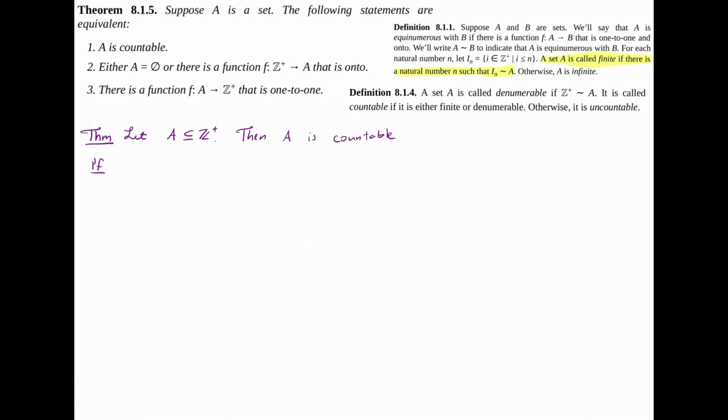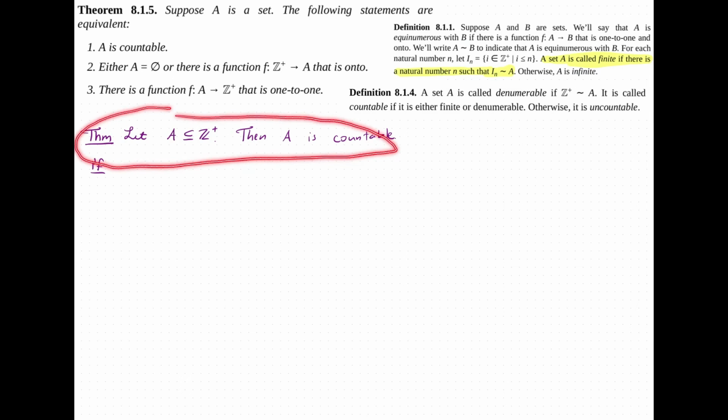So let us go ahead and now prove the theorem we just quoted. And in fact, this theorem is essentially the same argument that is given in the proof in the text for 3 implies 1. The only reason I have isolated it is that by thinking about it from this point of view, we are going to be able to give simpler arguments to some of the results in the textbook pertaining to whether the Cartesian product of the natural numbers with itself is countable, and whether the rational numbers are countable.